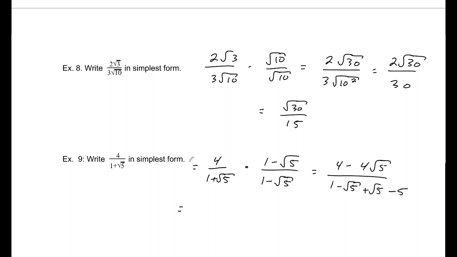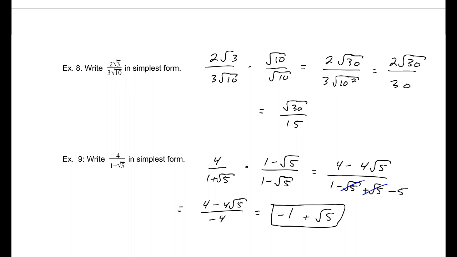So I have 4 minus 4 root 5 divided by, the two terms cancel in the middle, those are a zero pair, and we get negative 4. Now, I can just divide by negative 4. That'll be negative 1 plus root 5. And that is my simplified expression.